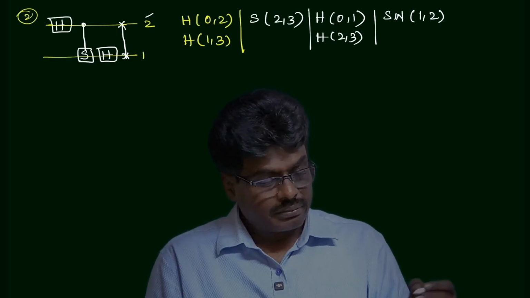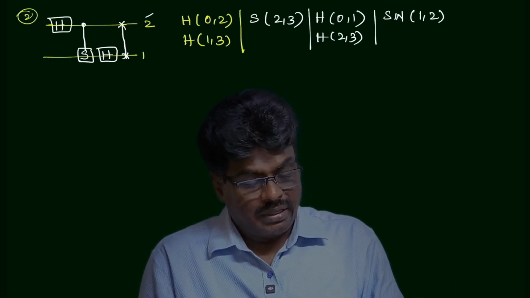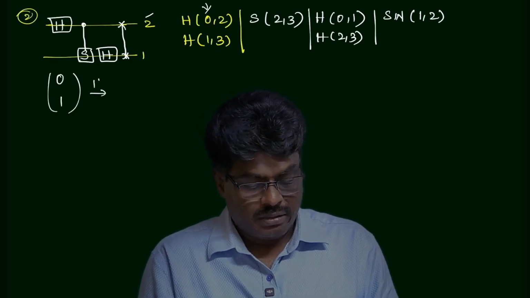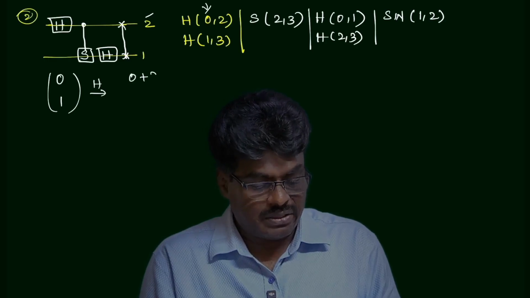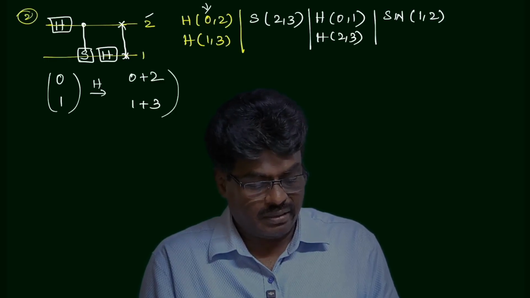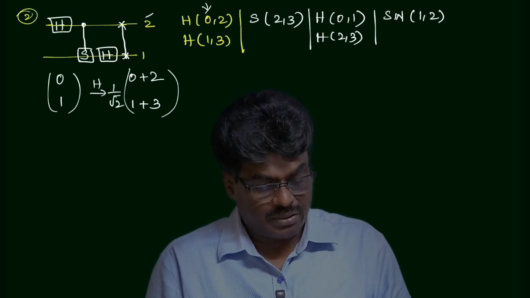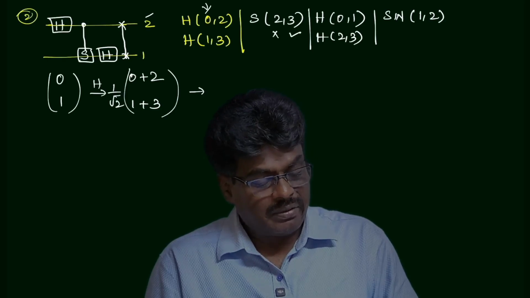Okay, now I told you already, first take these two, 0 1. Once the Hadamard is operated, it is 0 plus 2 and 1 plus 3, and the normalization constant you can write at the end, or now also you can write. And this is off and on.